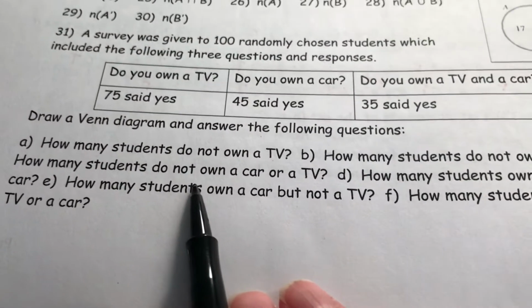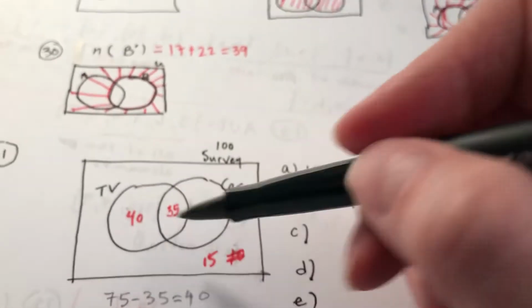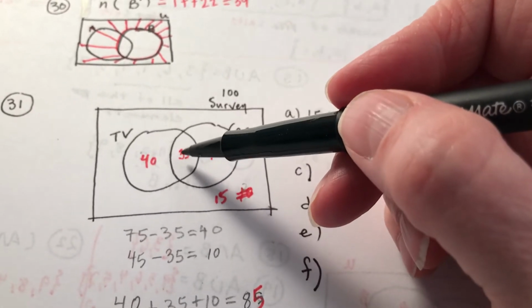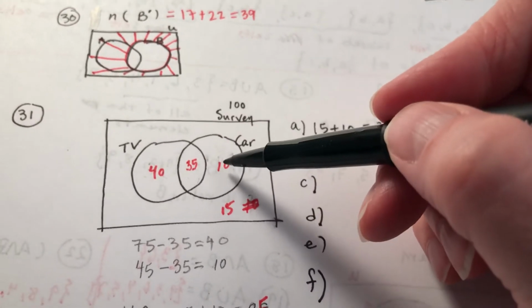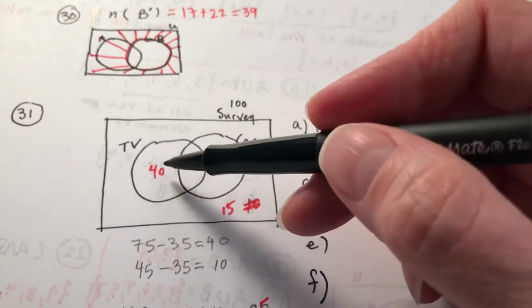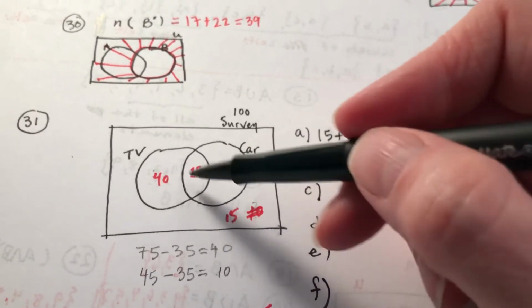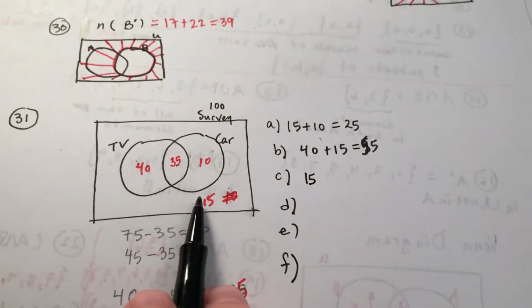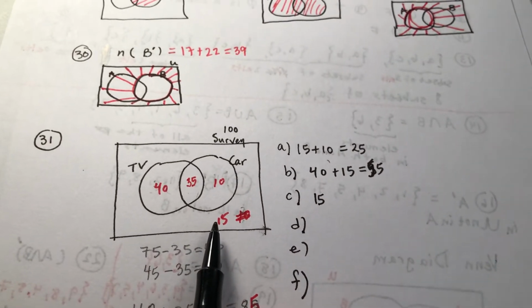C: how many students do not own a car or a TV? These students own a TV. These students own a TV and a car. These students own a car but not a TV. So all these people own one or the other. And out here, 15 is going to be those who own neither a TV nor a car.